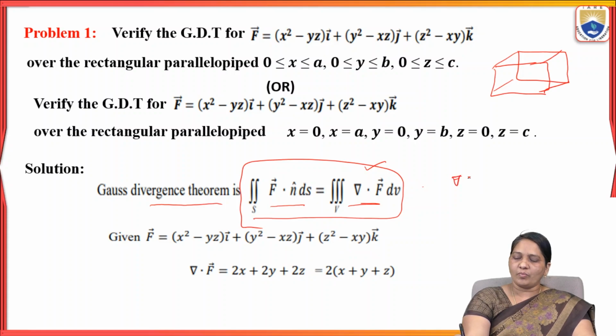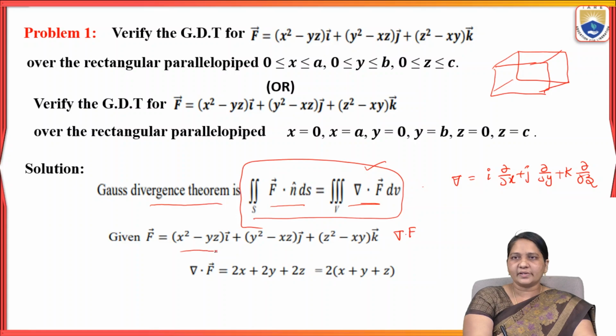Here the del operator, we already know, is i into dou by dou x plus j into dou by dou y plus k into dou by dou z. Now we are doing the del dot f value. Dot product we are doing. Here the i coefficient of f is x square minus yz, and the i coefficient of del is dou by dou x, so i dot i is 1.